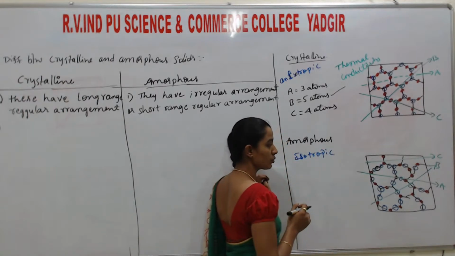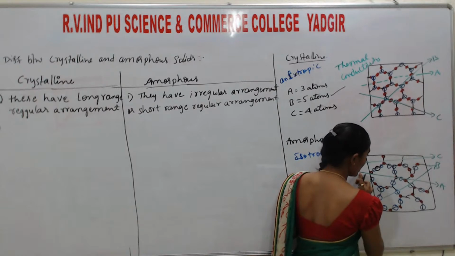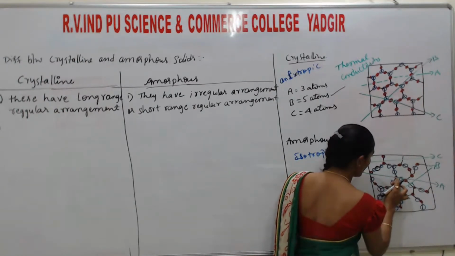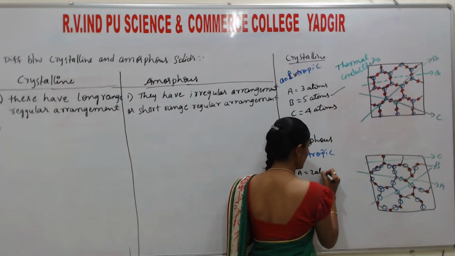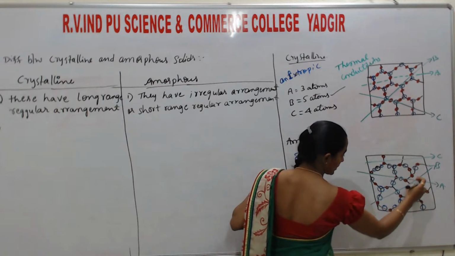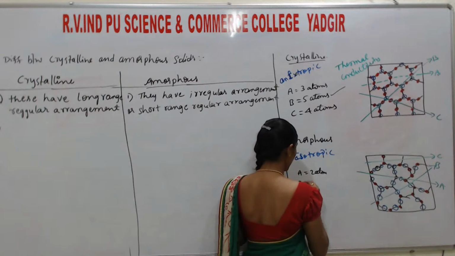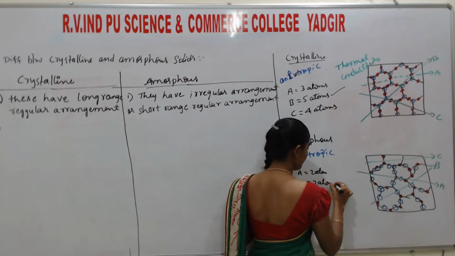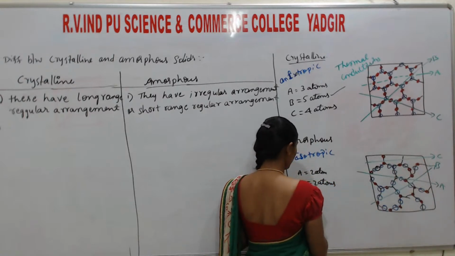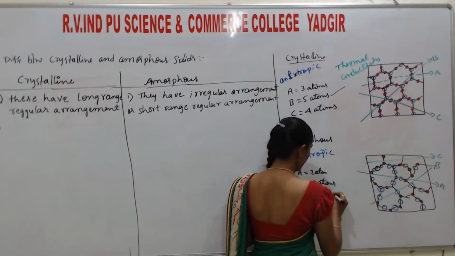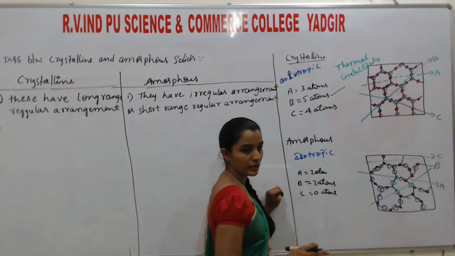It is called isotropic because, listen here, we have 1, 2 atoms. In direction A we have 2 atoms. In direction B also we have approximately 2 atoms. Correct? In direction C there are no atoms, so there is no conductivity.